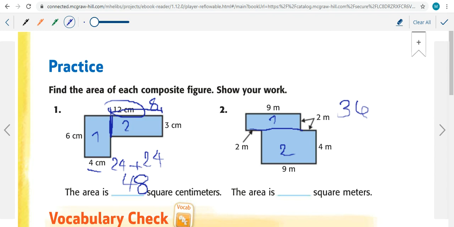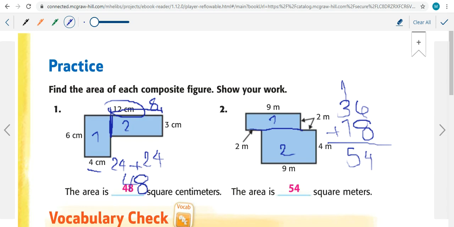And now we're going to find the area of this other rectangle, which is 9 times 2, which is 18, and then we add 36 plus 18 is equal to 54. Okay, let's see if we are correct. Yes. The answer is 54 square minutes.